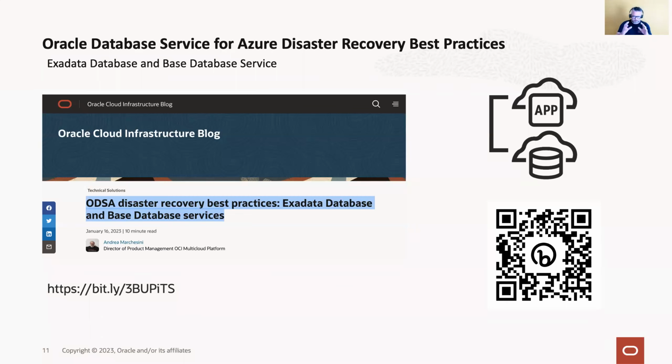It means that the disaster recovery is set up between a region, let's say, per OCI Azure, where we have a primary site in Amsterdam, for instance, and a standby site somewhere else located in another interconnected region. So the blog talks about the best practices, and it will also show you which regions are available where we have the interconnect, where Oracle Database Service for Azure is available, so that you can choose the best regions where you want to implement this.